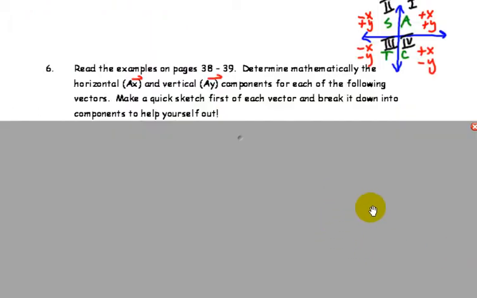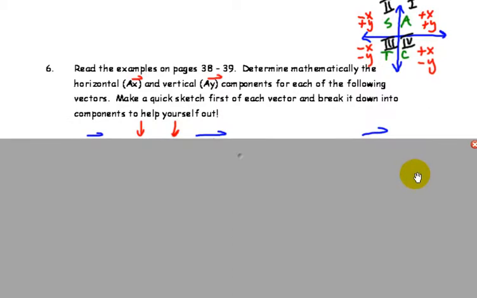There are examples in the textbook, pages 38 to 39. Looking at the horizontal component or the vertical component, I called them Ax and Ay respectively, with the half arrow. And remember what you learned back in pre-calc math about the Cartesian coordinate system: quadrant 1, quadrant 2, quadrant 3, quadrant 4.